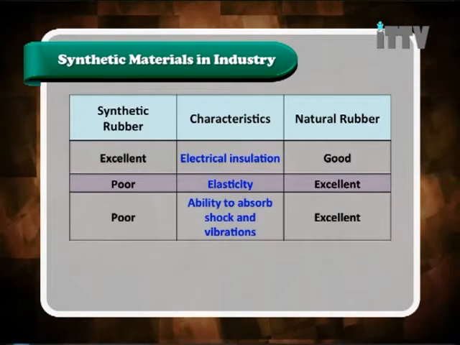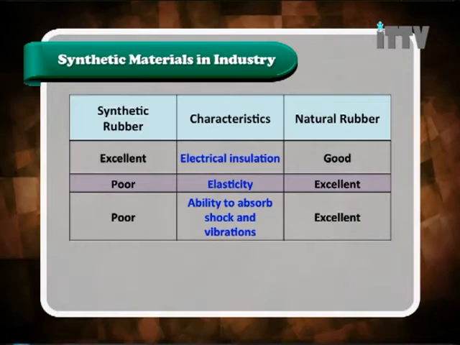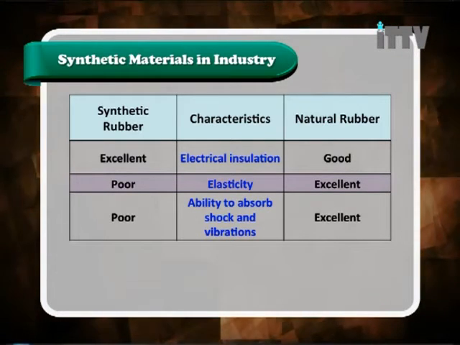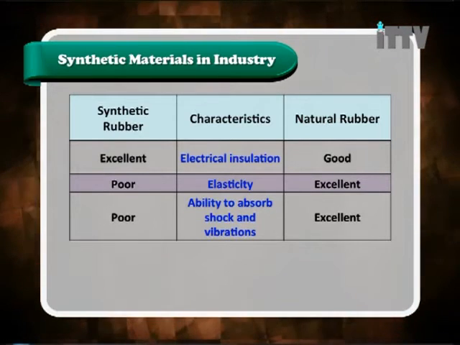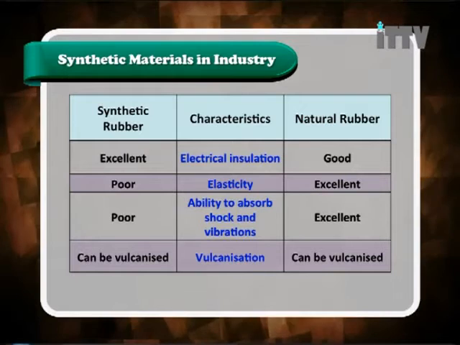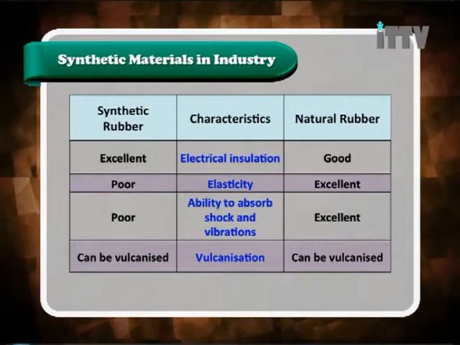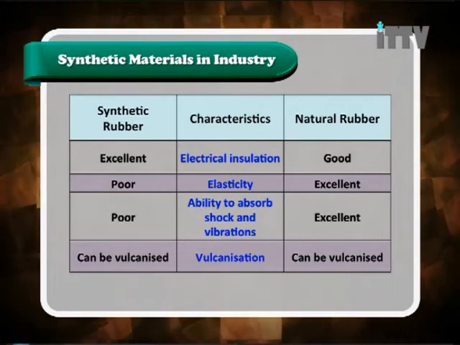For the ability to absorb shock and vibration, synthetic rubber is poor, while natural rubber is excellent. And finally, for vulcanization, synthetic rubber can be vulcanized, while natural rubber can be vulcanized too.